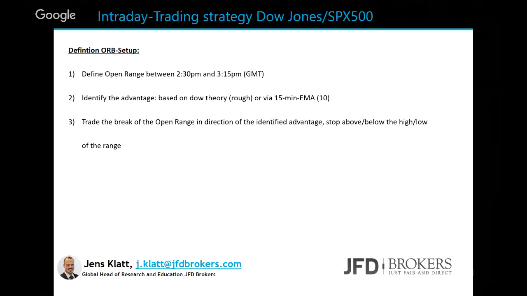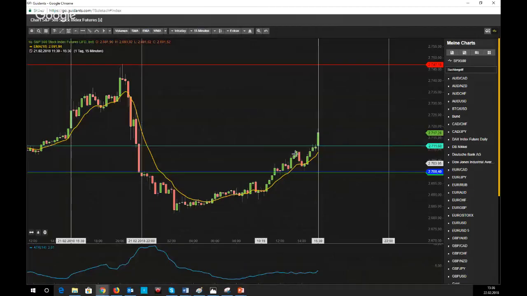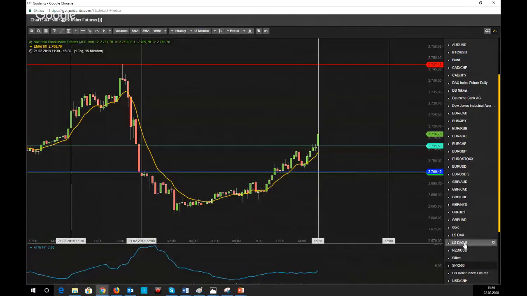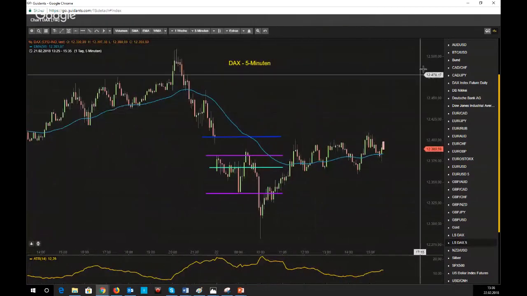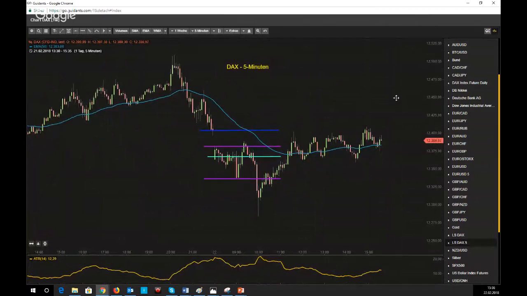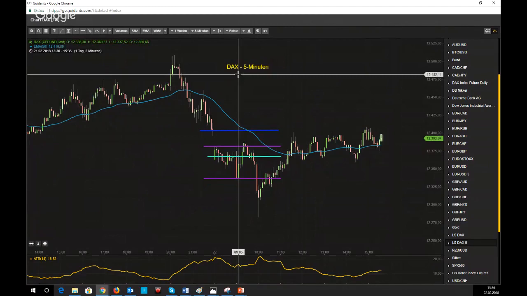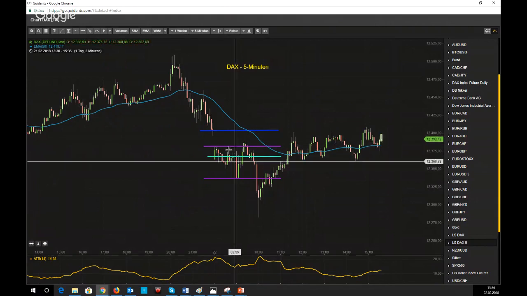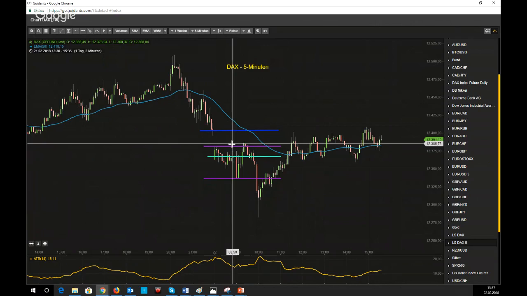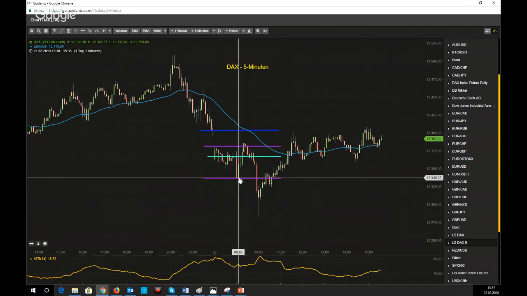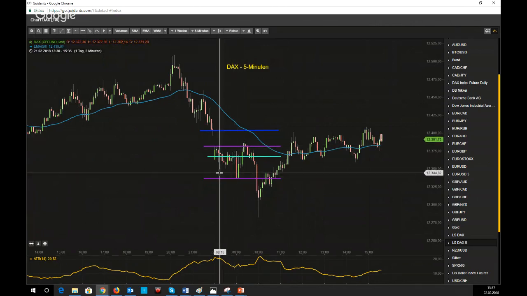Let me just give you an example. Why we are definitely not long the DAX based on the open range breakout here today. So let's assume you adopt this, and in fact, the adoption of this is that I work on a 5-minute time frame here, with the exponential moving average 50 here, and then I have the open range between 7 a.m. GMT and 8:05 a.m. GMT every day.